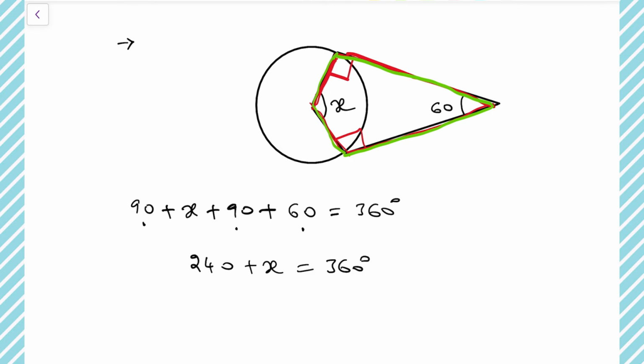So to find the x value, take 240 to the left side. It becomes minus, then x equals 360 minus 240, which is 120 degrees.